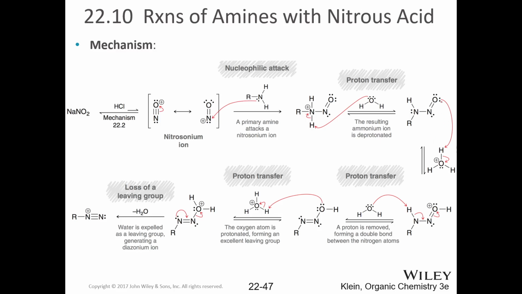Then we're protonating the leftover oxygen from the nitroso group, and that eventually is going to end up being water. So we're going to remove a second proton to form the first pi bond here, then protonate it a second time, and remove that entirely as a leaving group to form a second pi bond here.